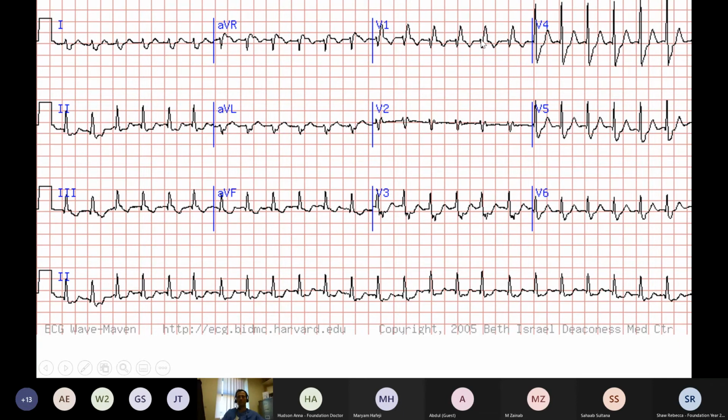So can you see little r, big R, RSR pattern? And we've got an S wave over here. So this is typical right bundle branch block.